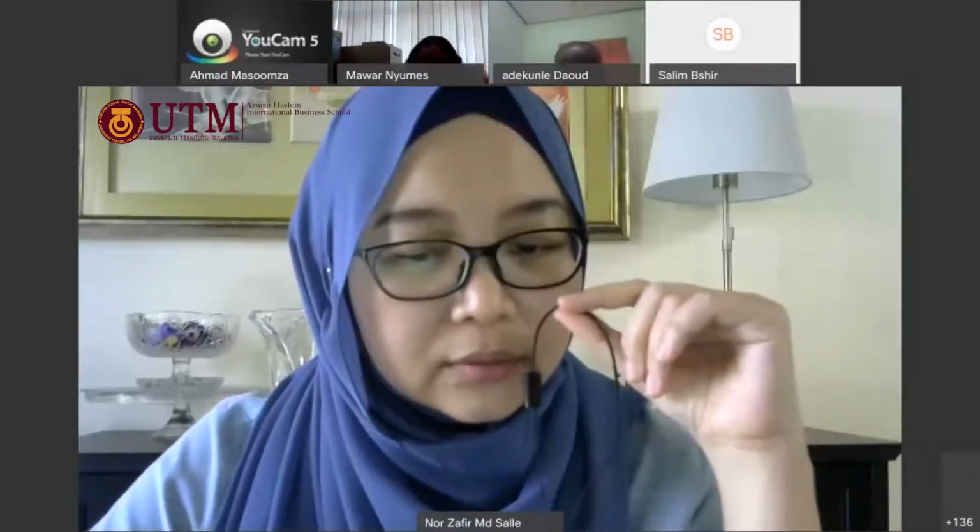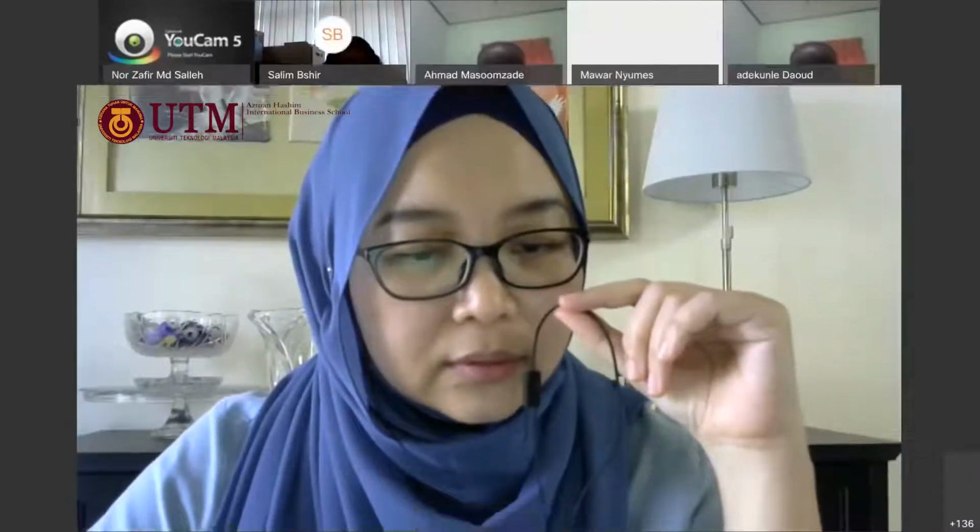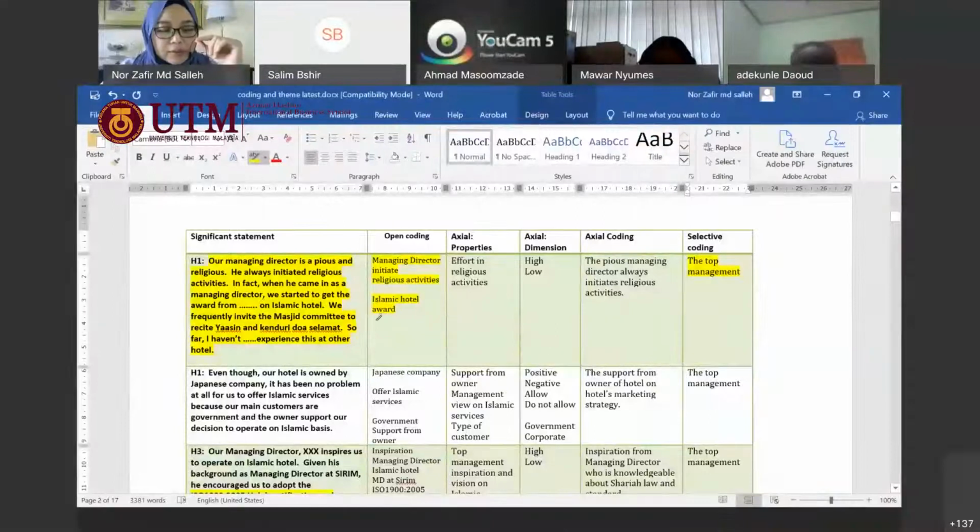Is it this table? Yes, the axial dimension, the high and low. Okay, the efforts. Normally when we talk about efforts, we say high effort or low effort.